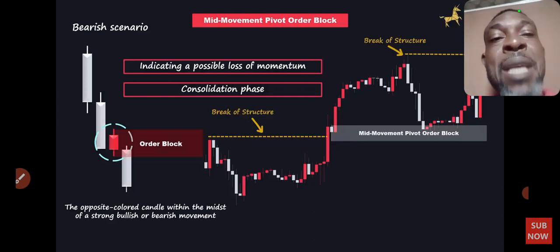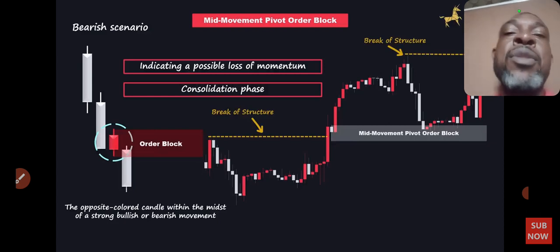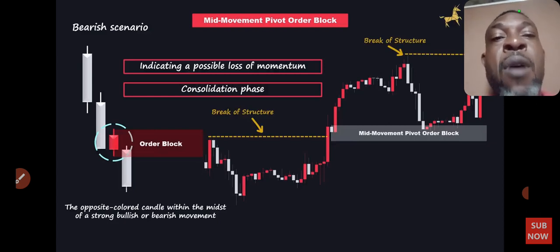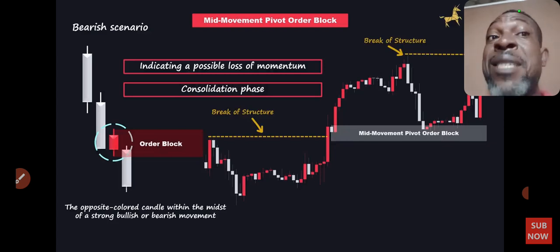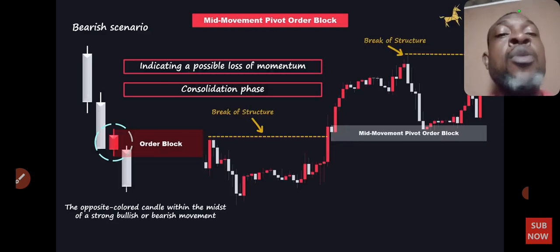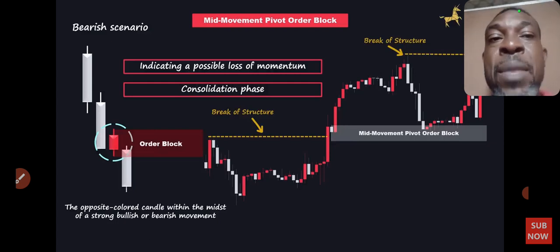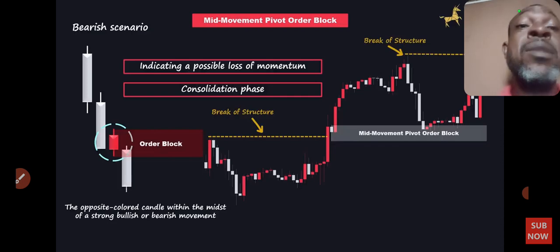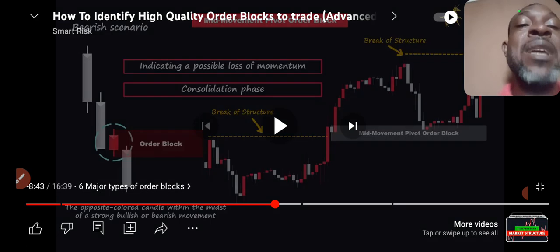But at the same time, while looking at the order blocks on the higher time frame of 4 hours, 1 hour, if you're a scalper, you can as well look at order blocks created during the lower time frames when you must have drawn the higher time frame order blocks first. So let's look at the entry strategies.